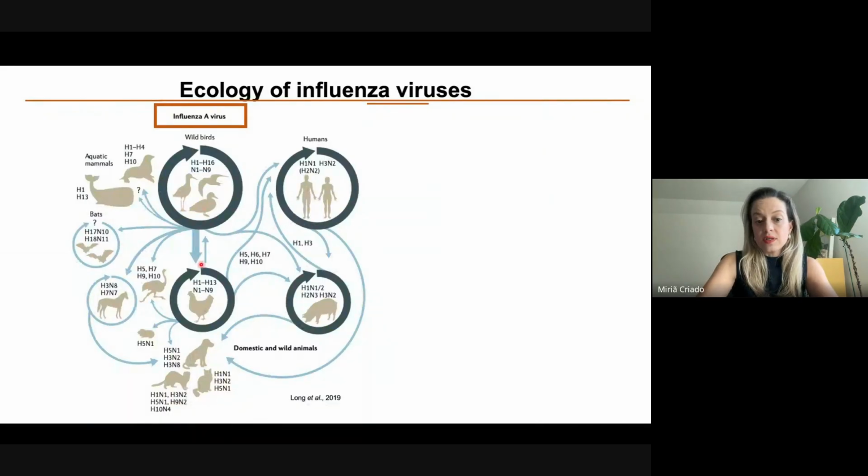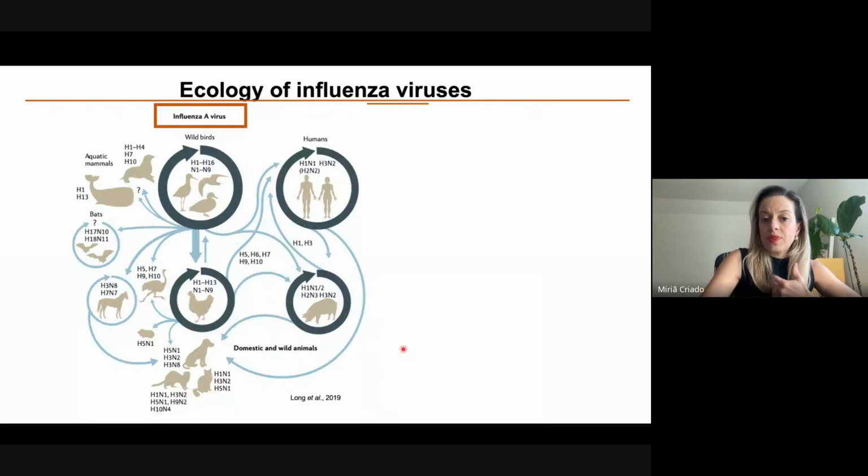Sporadically, the virus can also infect poultry and other species, some mammals, swine, and humans. As you can see in this picture, the thick arrow means where the virus circulates more often, and basically 4 species are the ones where we have most of the influenza outbreaks or influenza detection.